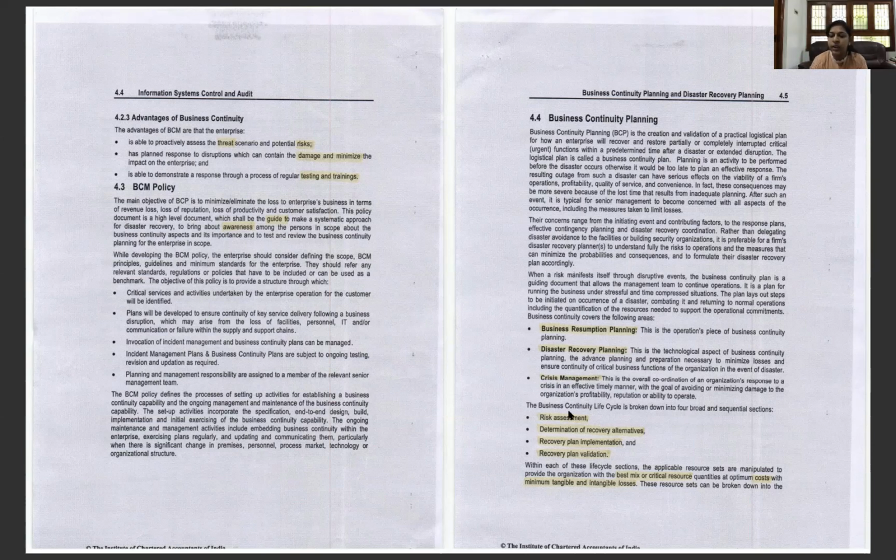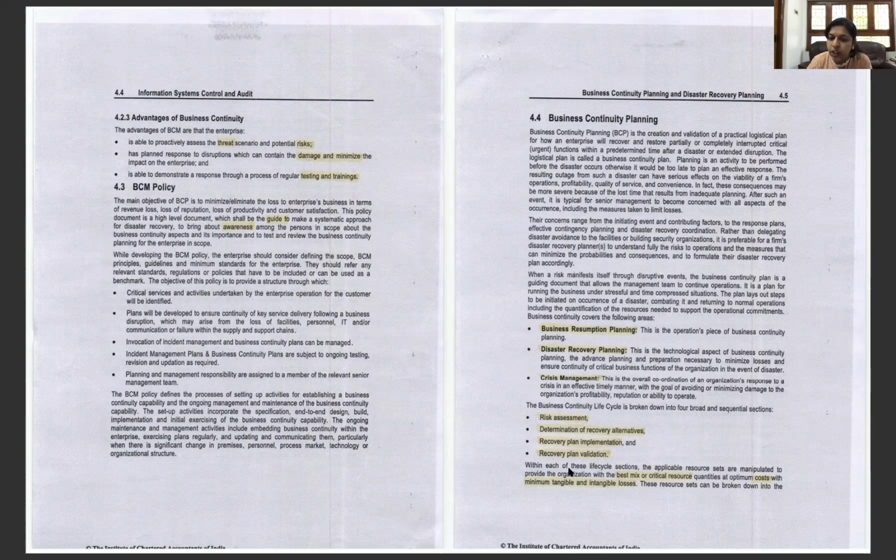So the business continuity life cycle is broken down into four broad and sequential sections. First, doing our risk assessment. We have found the risk. What next? Determination of recovery alternatives. Recovery alternatives are found. What do we do next? Implement them. Once implemented, they have to be validated. So these are the four broad and sequential sections of the business continuity life cycle.